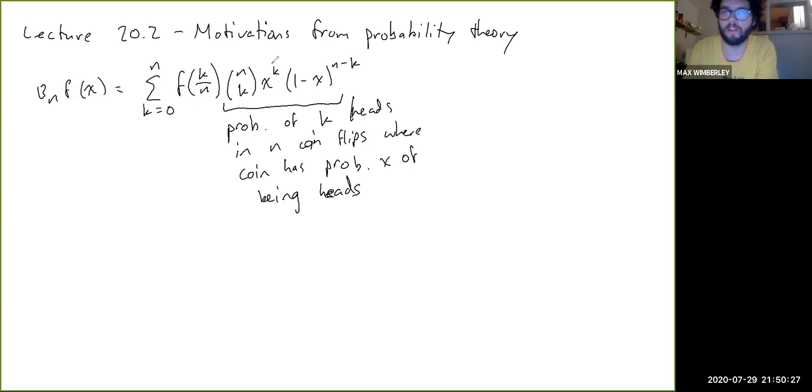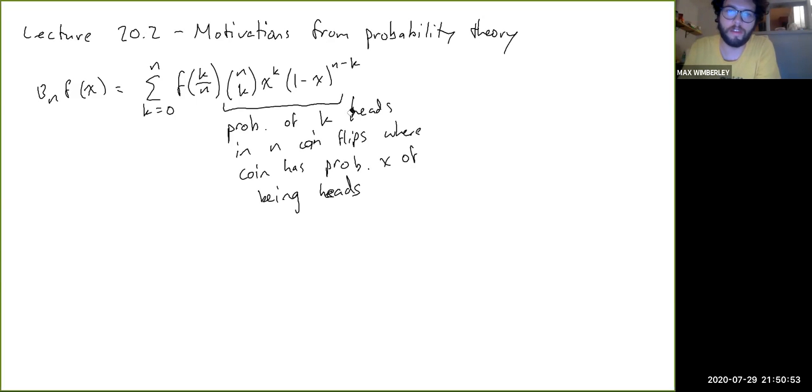There are n choose k ways for there to be k heads, and each such string has the same probability. So the total probability of k heads is n choose k times x to the k times 1 minus x to the n minus k.